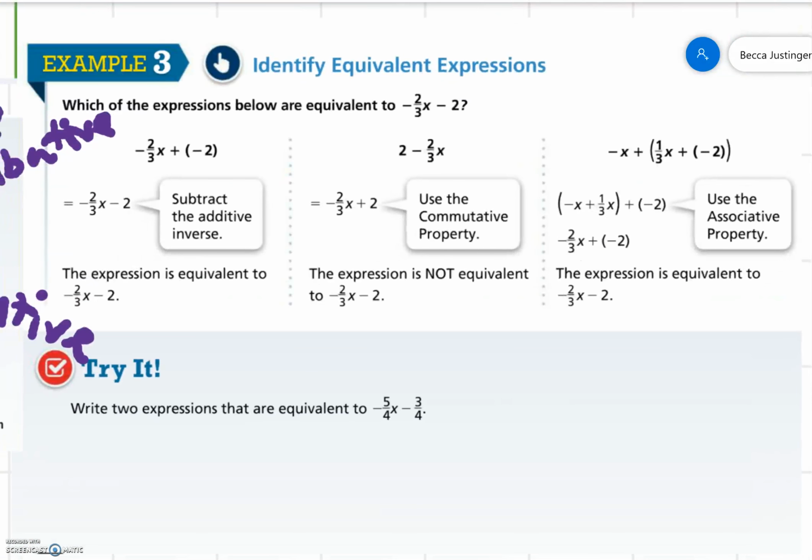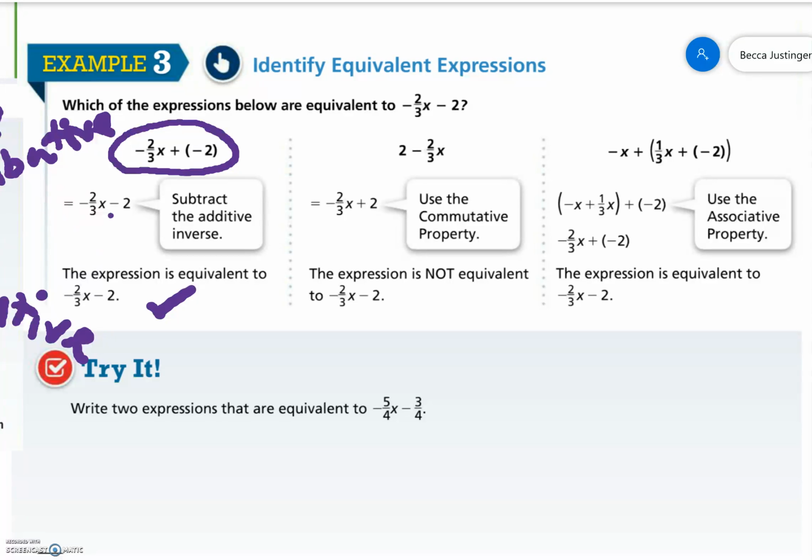All right, example 3. Identify equivalent expressions. Which of the following expressions below are equivalent to negative 2/3 x minus 2? So first thing we've got here, negative 2/3 x plus negative 2. Well, whenever we have plus negative 2, that's the same thing as subtracting. So this is equivalent. Nice.